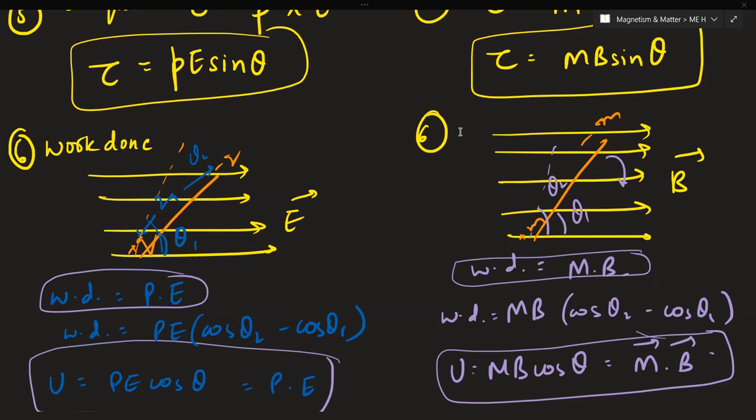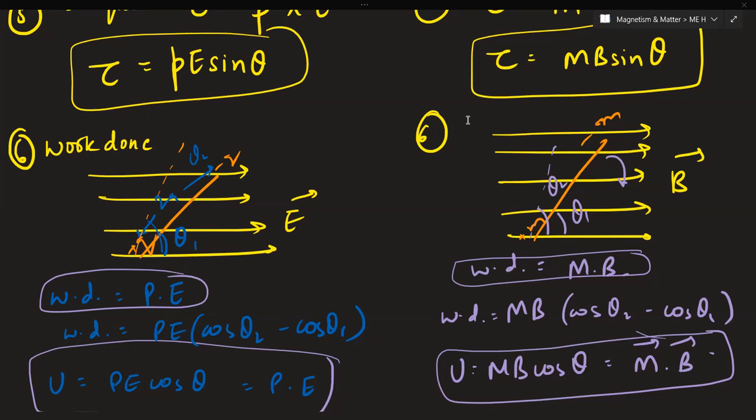When we were discussing torque, this point we had discussed. Initially there will be an angle which the dipole makes with the electric field, and then because of the action of torque there will be a certain rotation that will occur. That will be the second angle. So if there are two angles, then use this formula: PE (cos theta 2, the final angle, minus cos theta 1). Just look into the notes.